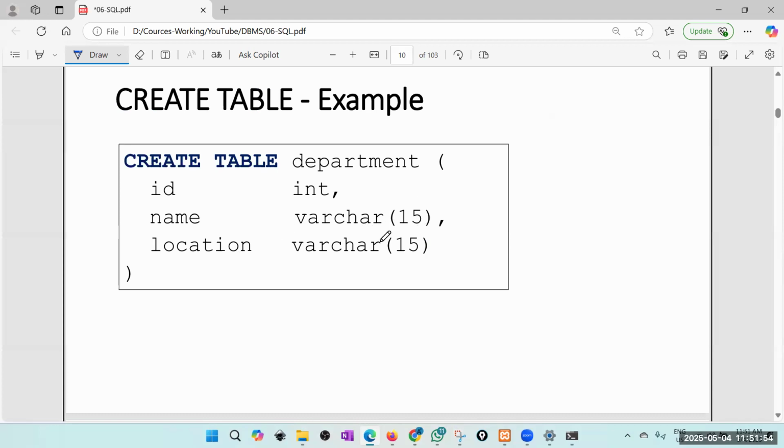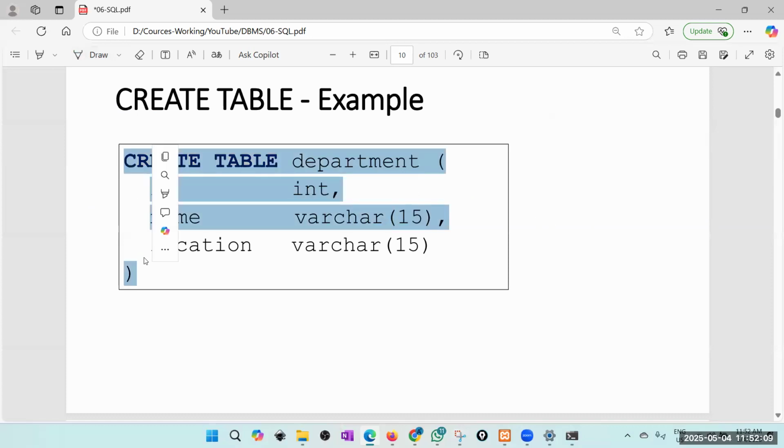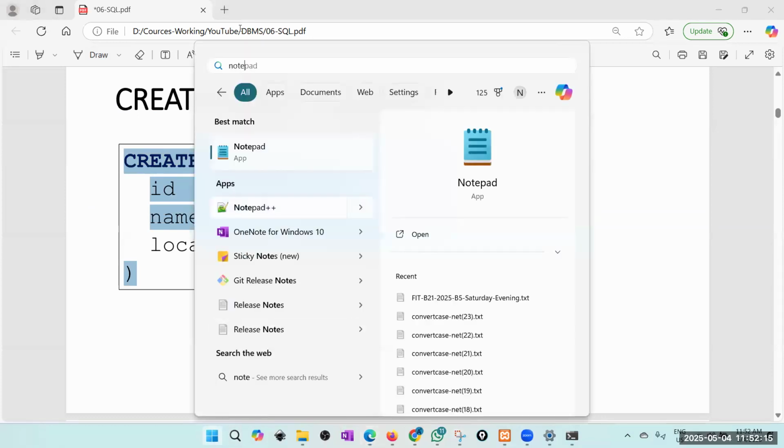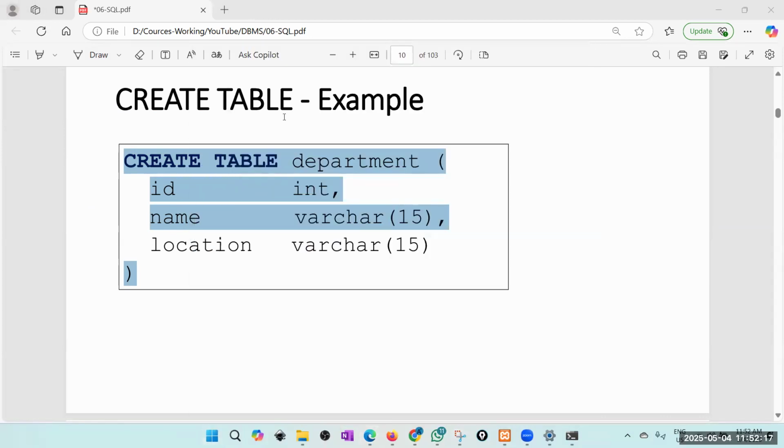And for location we also use varchar, and because this is the last field, no comma. So this is how you create a table. No primary key, nothing, a simple table. So let's create a table. I will take it to a notepad because I will share the code at the end as well.